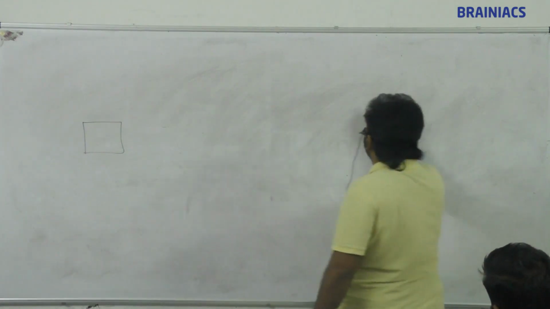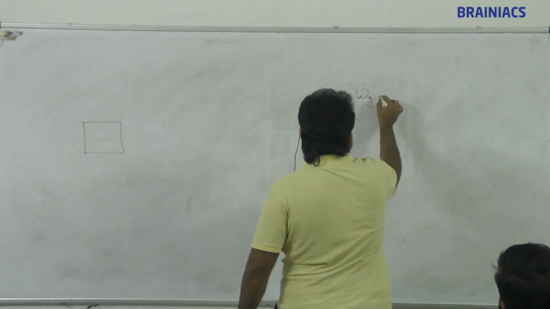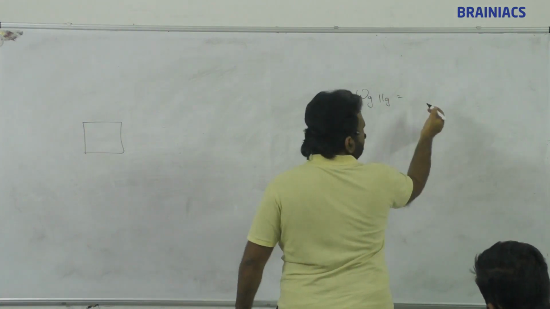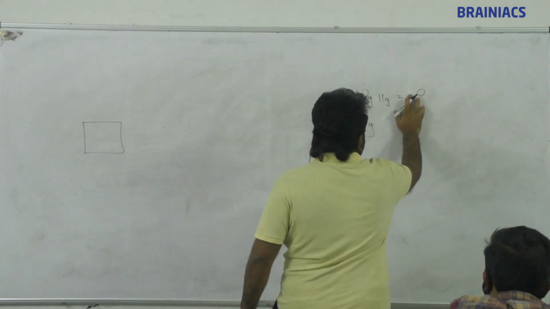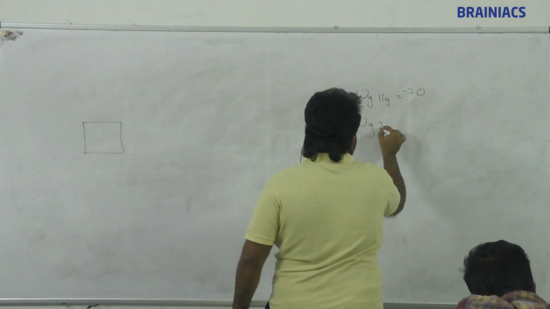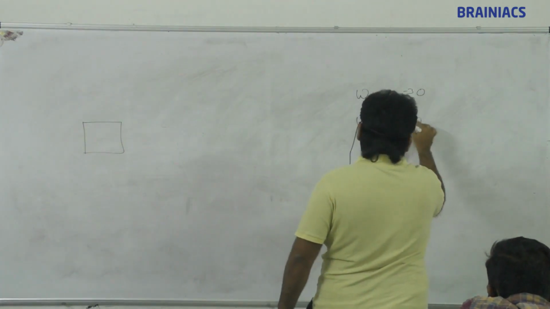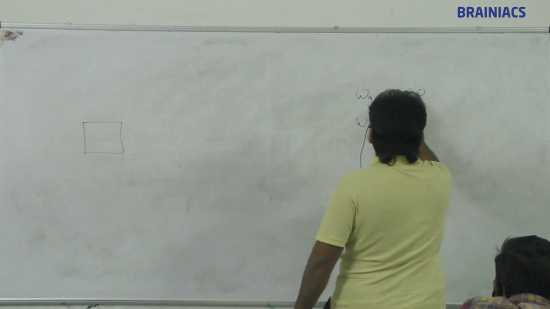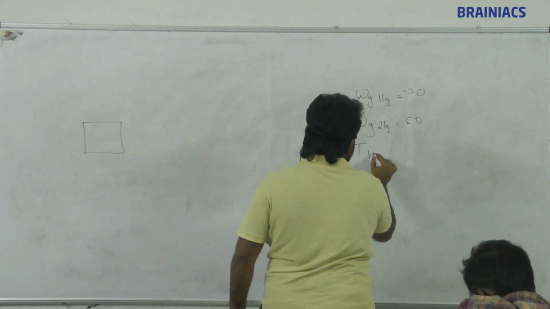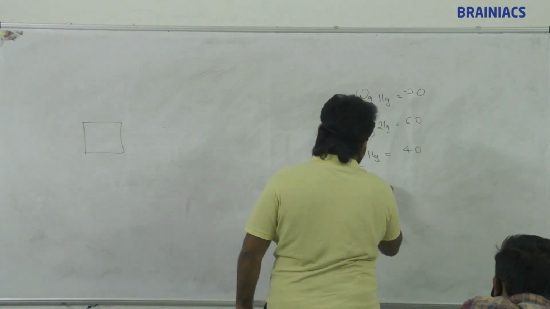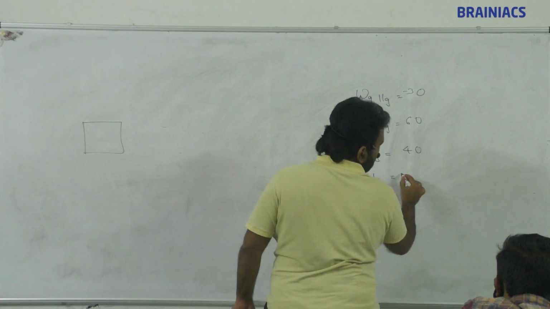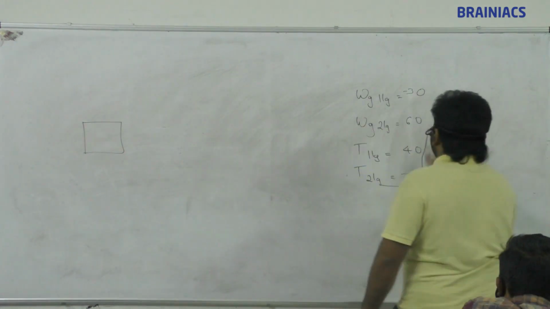You tell me, what is the work done by gravity on 1 kg? Work is minus 30. For 2 kg, 60. Then this one, tension, 40. For 2 kg, minus 40. Add them.